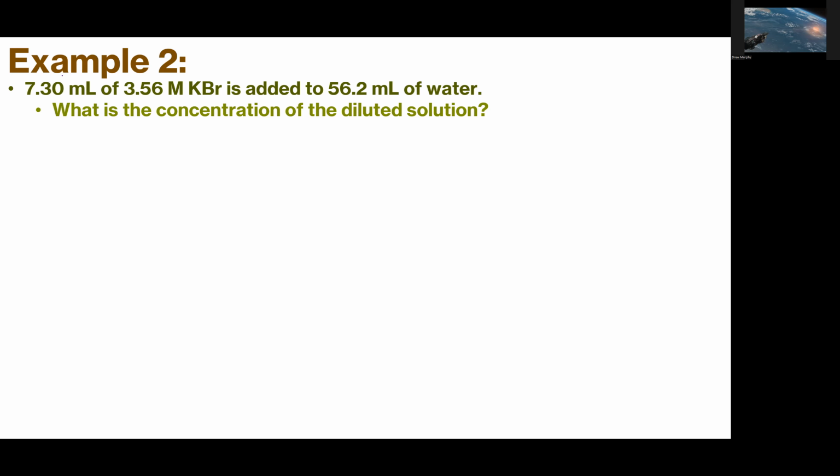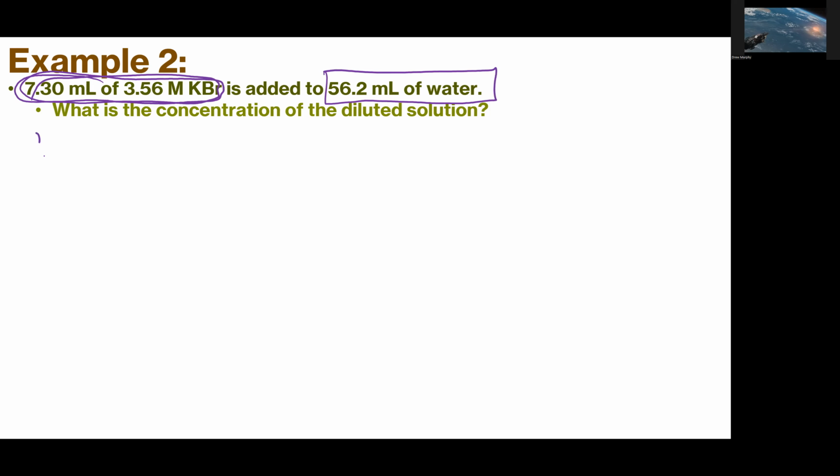Well, 7.30 milliliters of 3.56 molar KBr is great. The other thing we're paying attention to is that we have 56.2 milliliters of water. This is not something we needed before, but we need it now.